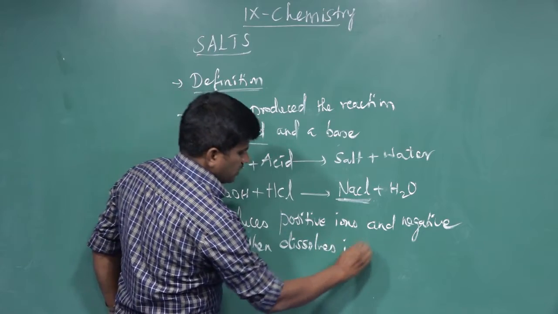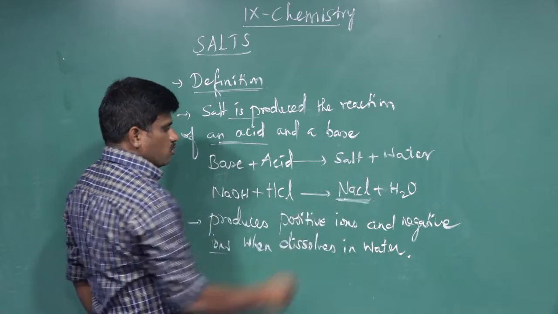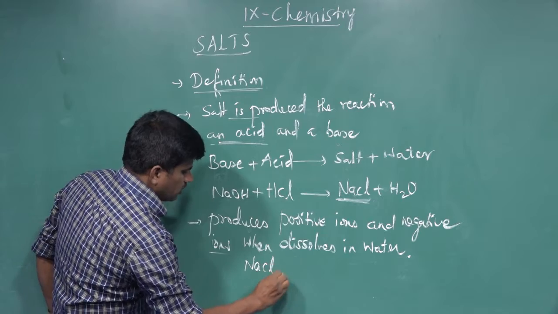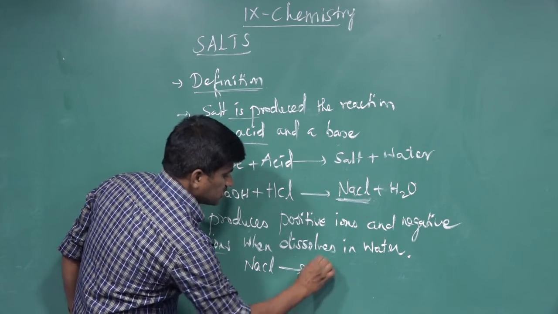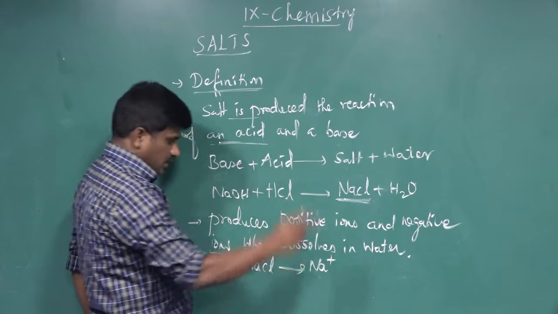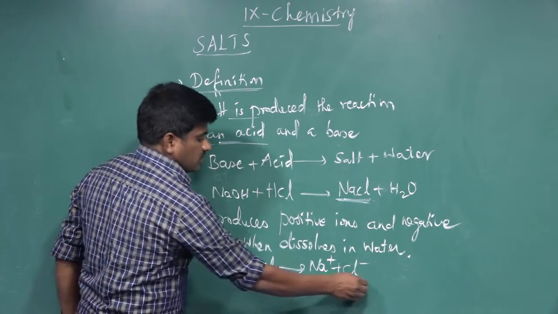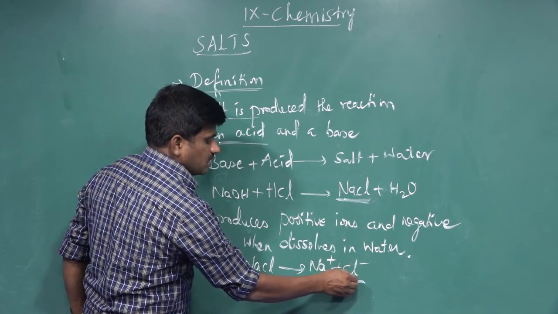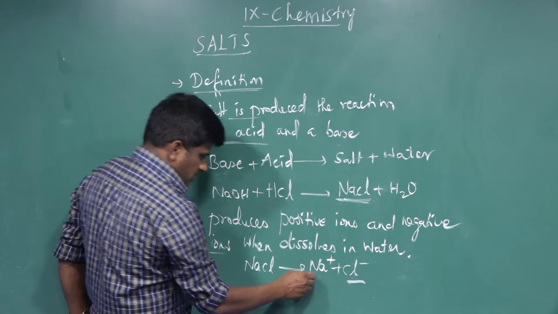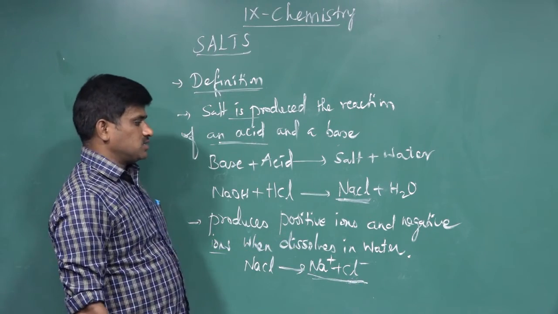For example, when sodium chloride dissolves in water, it produces a positive ion, the sodium ion, and a negative ion, the chloride ion, represented as Cl minus. So salt forms positive and negative ions when it dissolves in water. You should understand this very clearly.